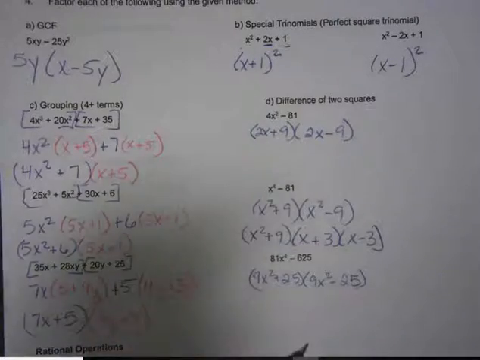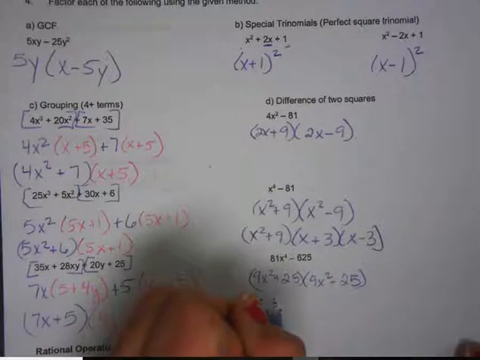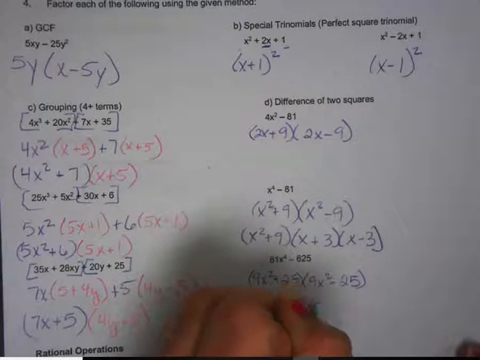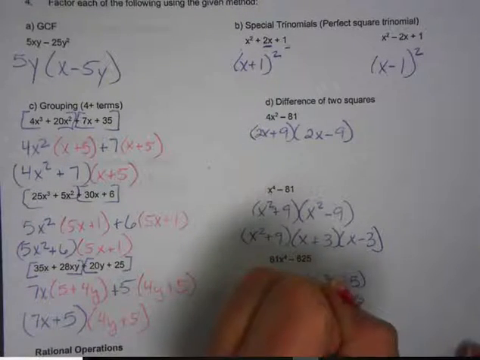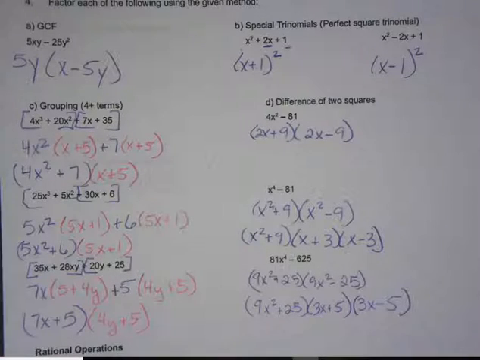And again, we have a difference of squares as our second term. So we're going to go ahead and have 9x squared plus 25 stay the same. And then again, square root of the first, 3x, plus 5, which is the square root of the second, times square root of the first minus square root of the second. That's all we have to do with the difference of squares.